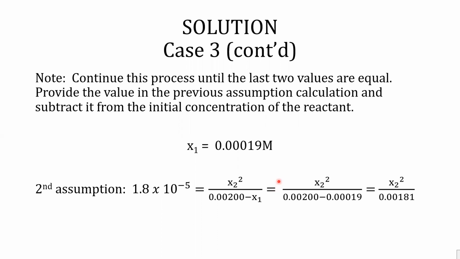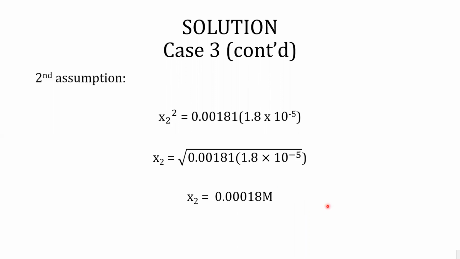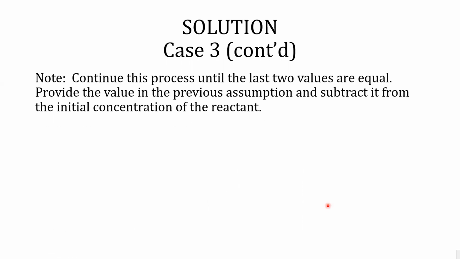For the second assumption, with x1 equals 0.00019 M, if we plug in the value and subtract from 0.00200 and perform the same calculation, x2 equals 0.00018 M. Again, this process continues until the last two values are equal.